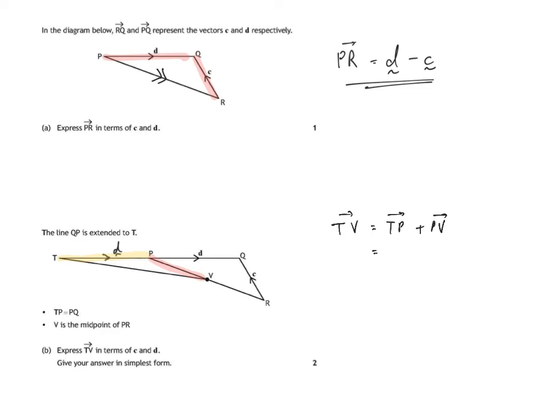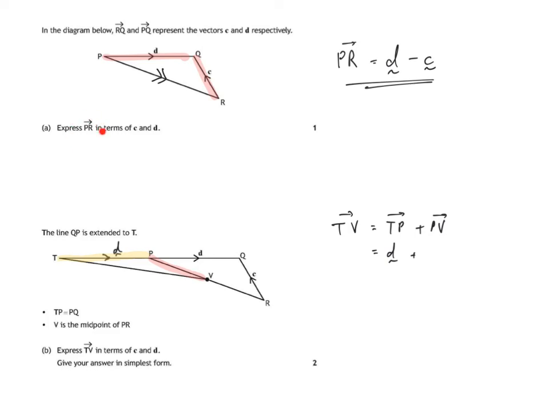And I know T to P is the same as the vector D. Now, PV, I don't have any information about PV. Well, other than this. This is the halfway point along this line here.